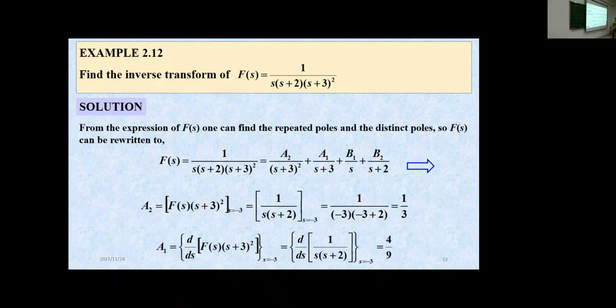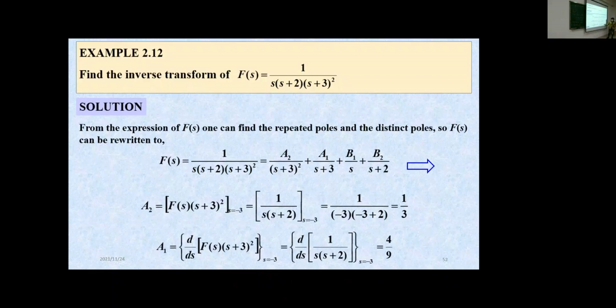A1 is very complicated to figure out. You should take the derivative of this, and after we take the derivative, we have x equal to minus 3, substitute into this, and we will find A1.